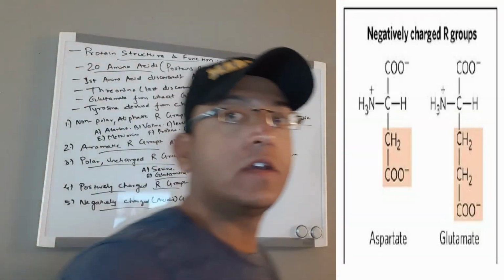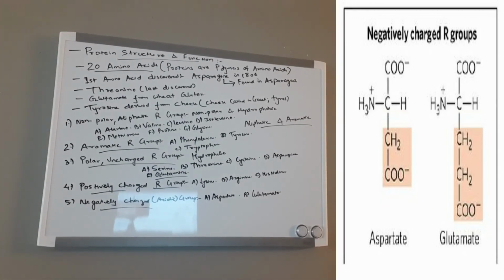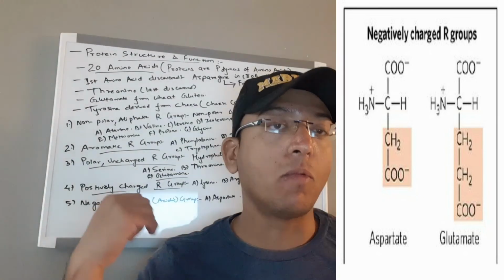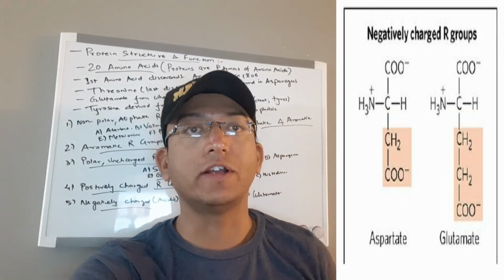These two amino acids carry a negative charge at pH 7. They have a second carboxyl group, as you can see in the chemical structures on your screen as well.